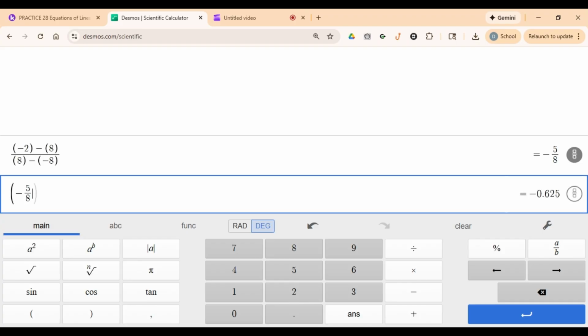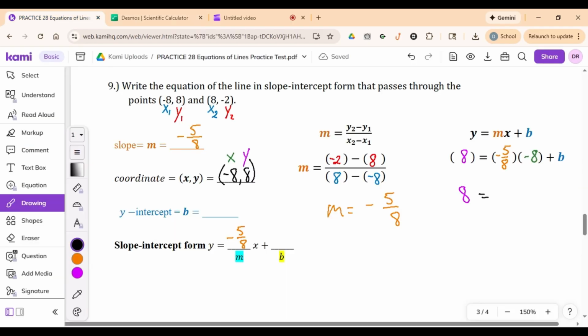So -5/8 times -8. You're going to notice we get a whole number answer. It's +5. Meaning when we multiply these two numbers together, we get a +5. We can replace this with that result. So +5 here, but don't forget, we still had a plus b at the end.